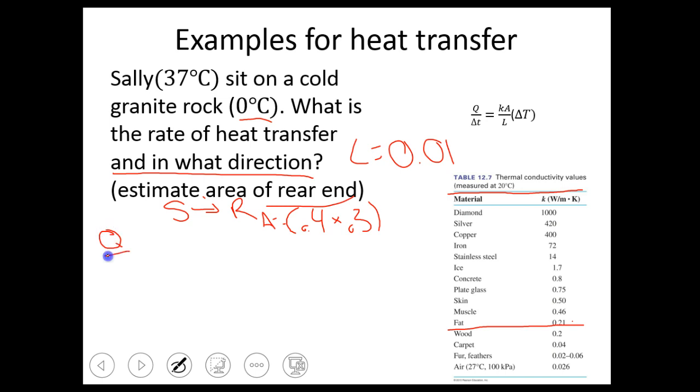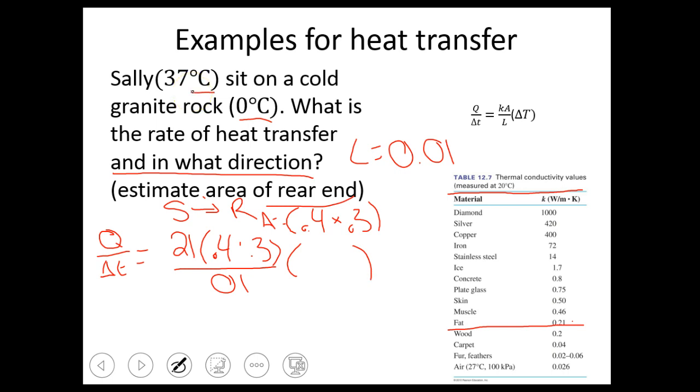We're going to say that Q over delta T is equal to the conductivity constant of fat, which is 0.21, times the estimated area of Sally's legs and rear end, all over the thickness of that layer, 0.01, and times delta T. Because it's a delta T, I don't have to convert the Celsius to Kelvin.